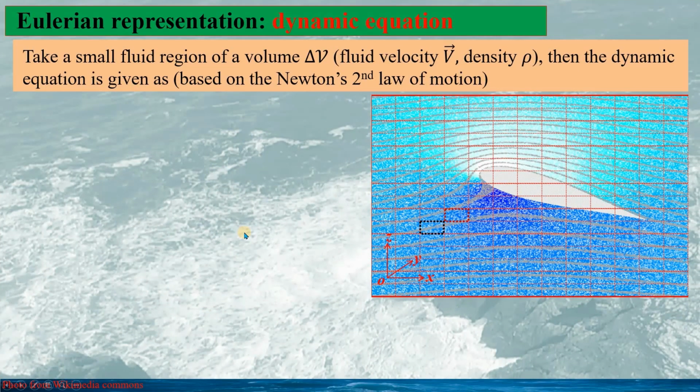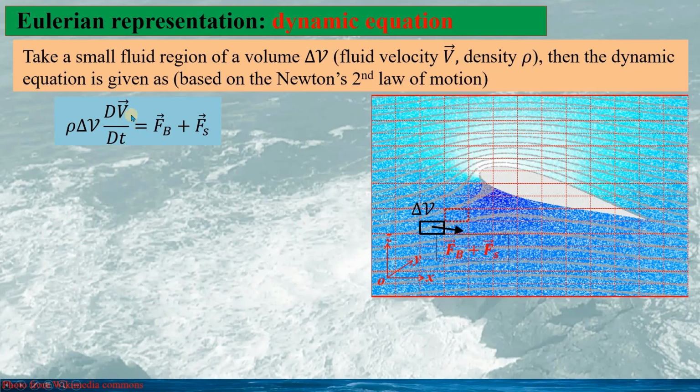Here, we will look at the dynamic equation in the Eulerian representation. Take a small fluid region of volume delta V, and we suppose the fluid velocity is expressed as the vector v and the density is rho.